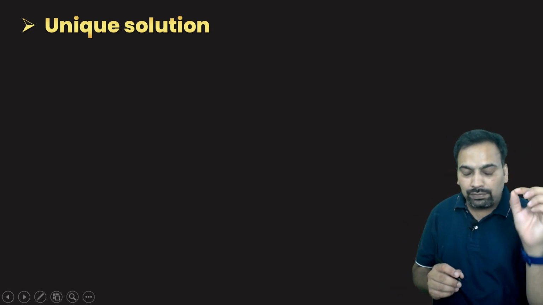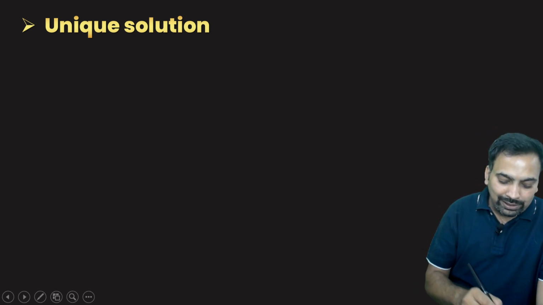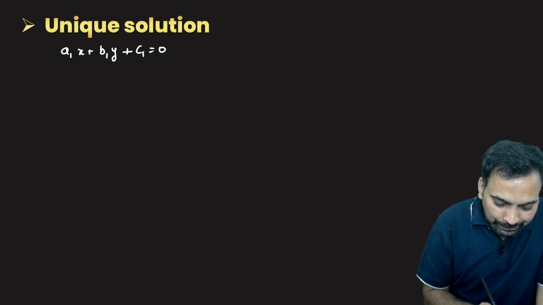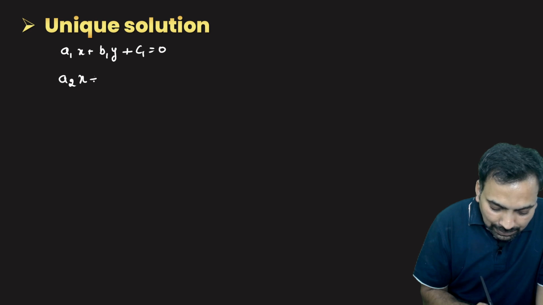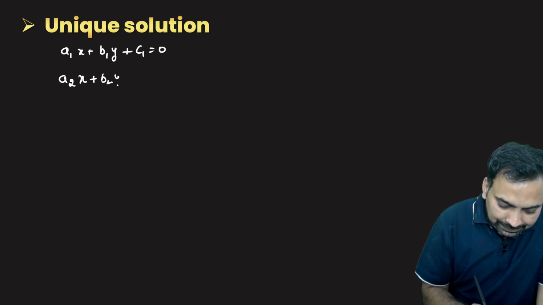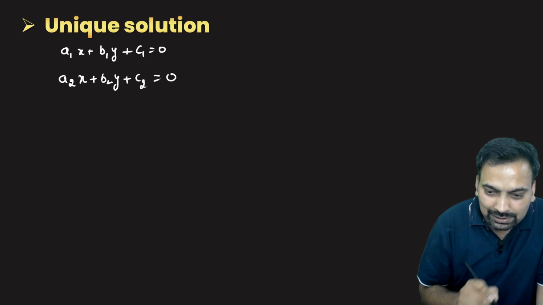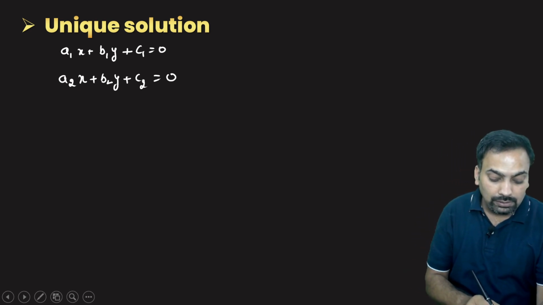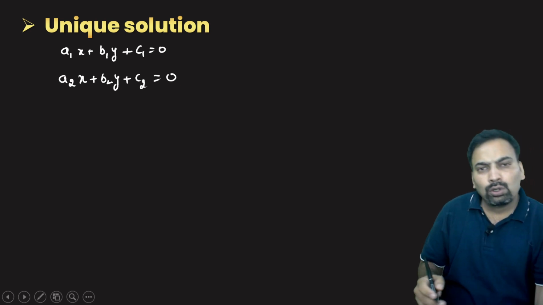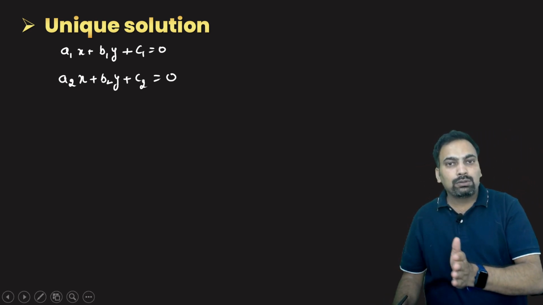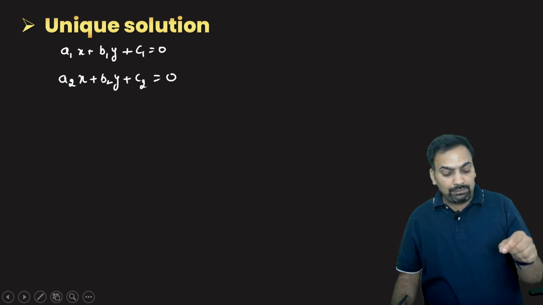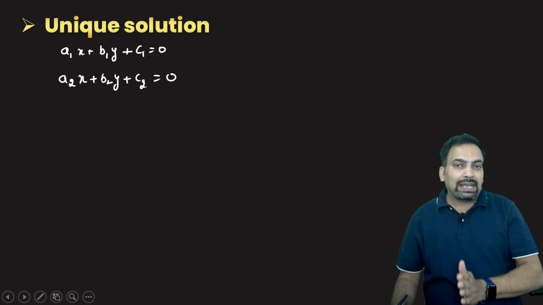So you know, the pair of linear equations general form is what? a1x plus b1y plus c1 is equal to 0, a2x plus b2y plus c2 is equal to 0. Now, what is the condition? Very simple. a1, a2, b1, b2, c1, c2. c1, c2 are the constants. a1, b1, a2, b2 are the coefficients of x and y.